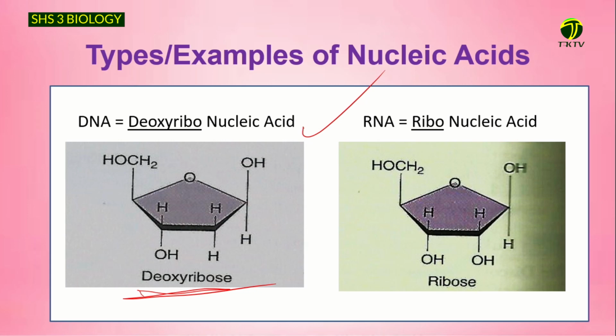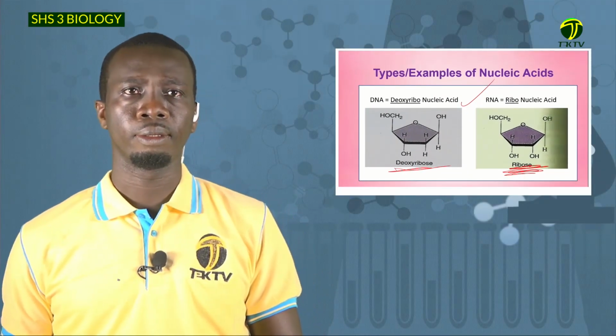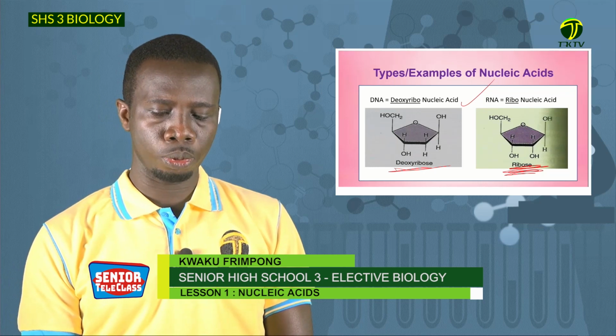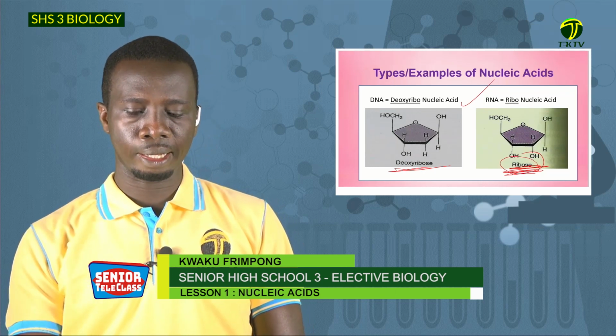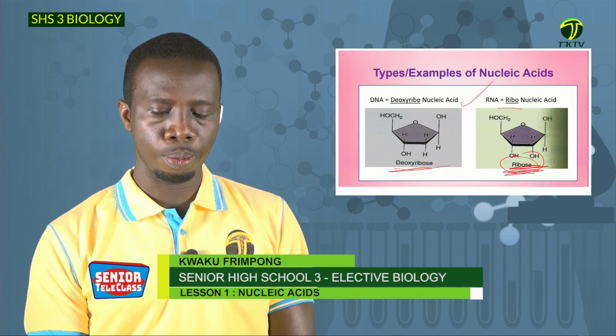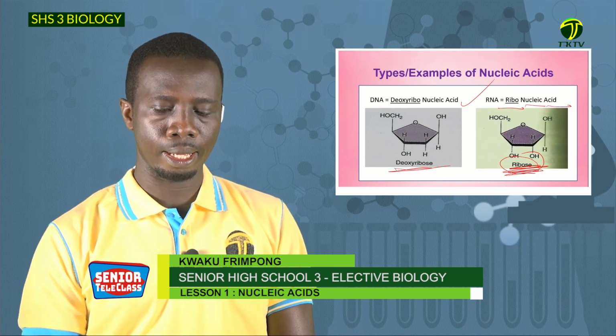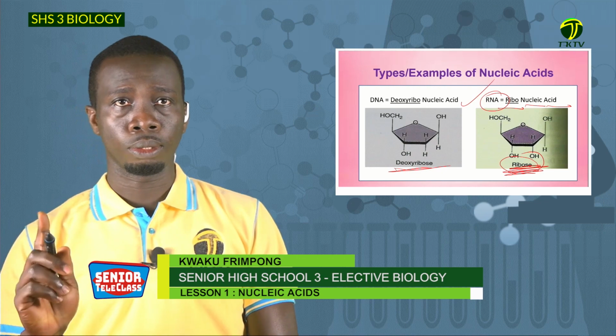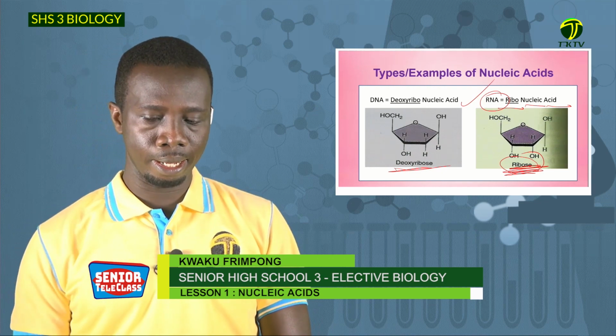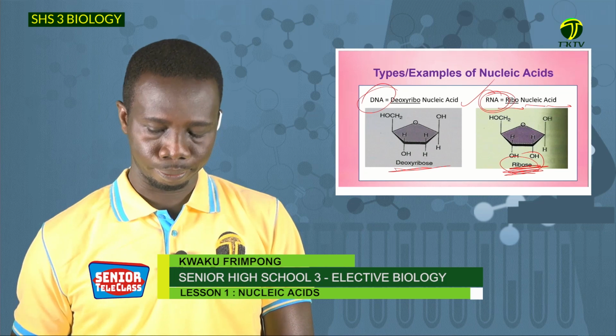Then the other example or type is the RNA, made up of a ribose sugar. So you see the type of sugar has a lot to do in terms of identifying the type of nucleic acid. So the name ribose sugar is reflecting in the name ribonucleic acid, which is the RNA. So the two types of nucleic acids are DNA and RNA.